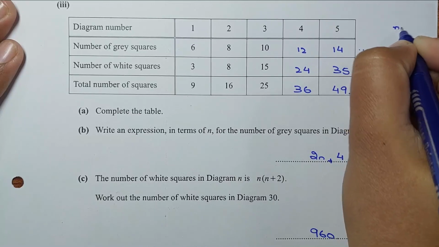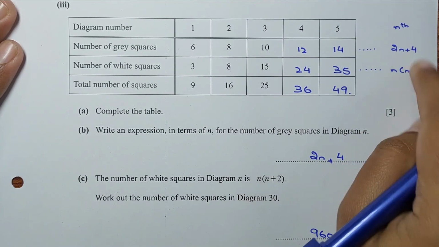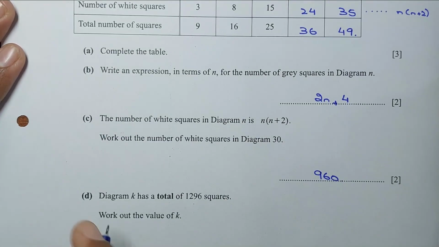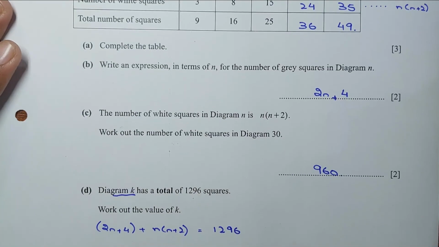This is the formula for the nth diagram, right? Now the total is the sum of both, so 2n plus 4, plus n into n plus 2, equals 1296. So this is basically the kth diagram.